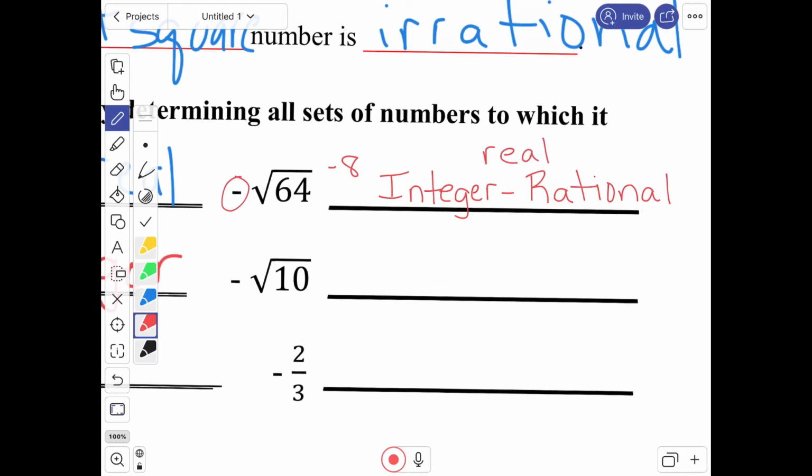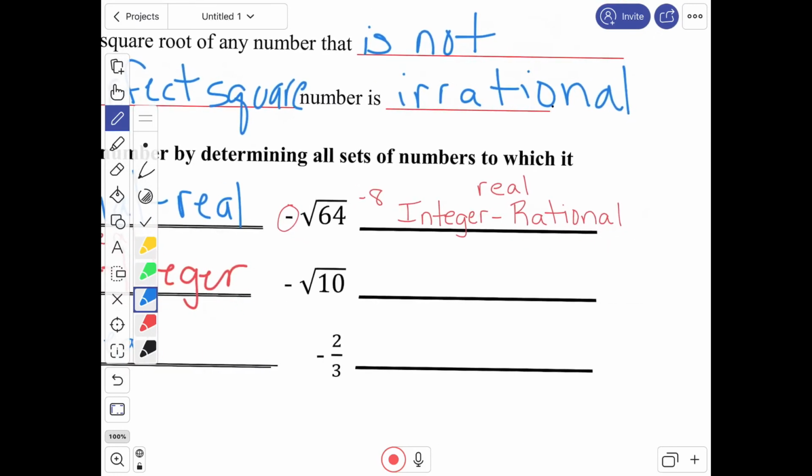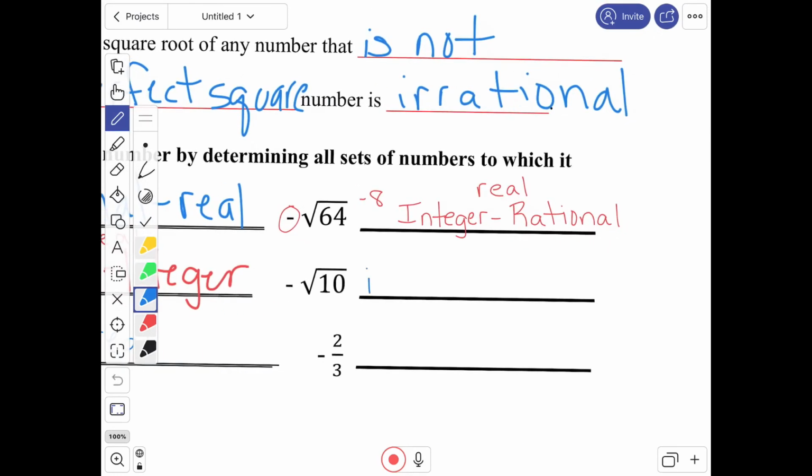And if it's a rational number, it is also real. The negative square root of 10. There is not a number times itself that's going to equal 10. So it is not a perfect square root. If it's not a perfect square root, then it is irrational. And if it's irrational, it is also real.